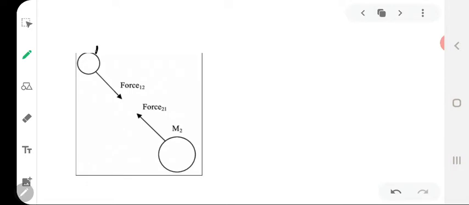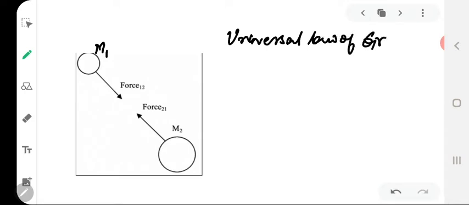Now let's get over to the universal law of gravitation.